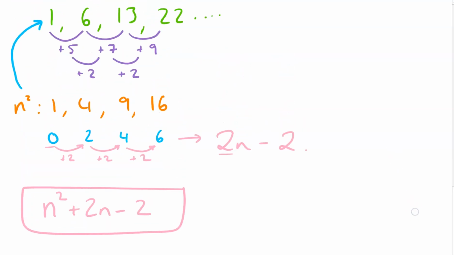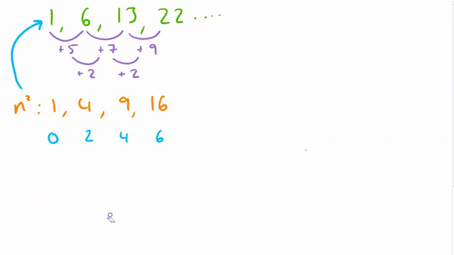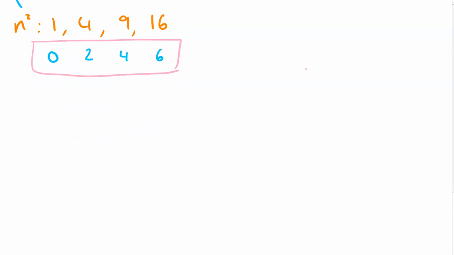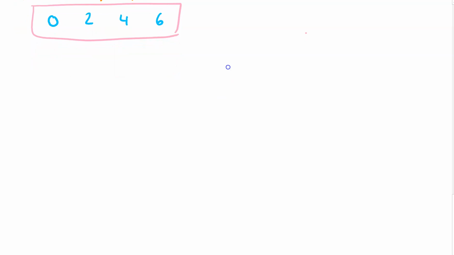I'm going to run through that again. Hopefully you're happy up to the adjustments. So now we just look at the adjustments and we find the nth term for that. So we ignore everything that's come before it and just treat it the same way we would do any other sequence.